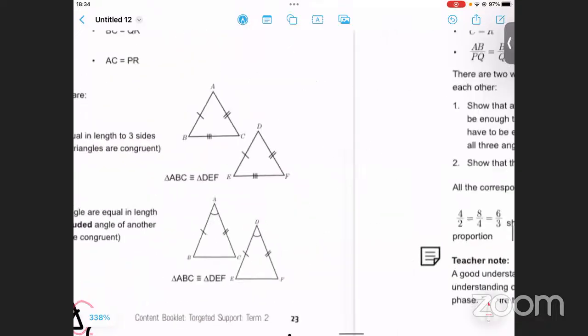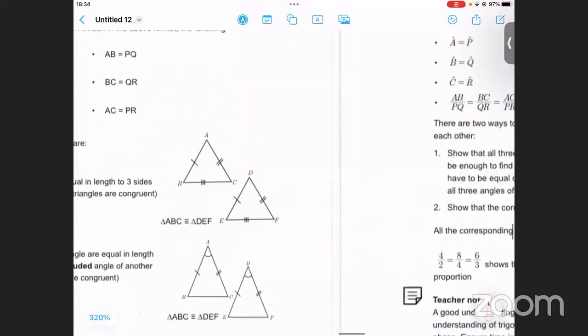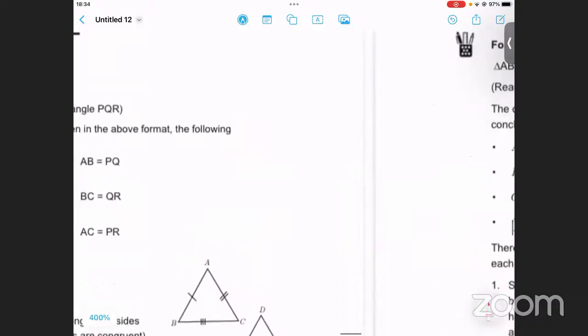Okay, cool. Now let's try to write the last one here. So the last one is going to be angle, side, angle, side, which is the fourth condition.